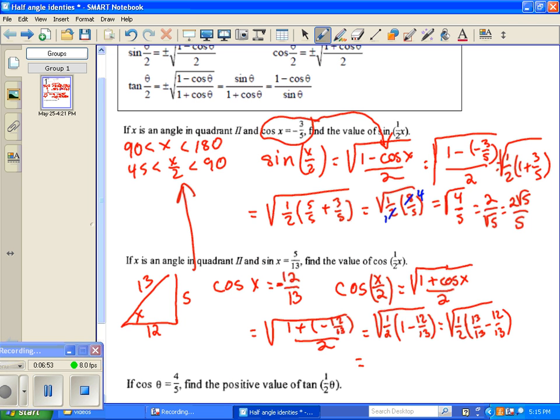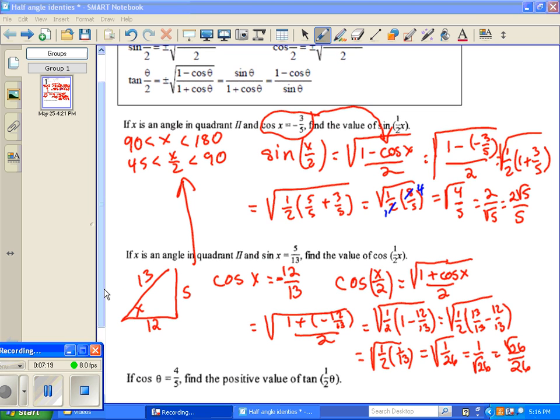So as we simplify this, we get square root of 1/2 times 1 over 13. When we multiply that together, we get square root of 1 over 26. So again, we can change this to 1 over square root of 26. And then when we rationalize it, we just get square root of 26 over 26.